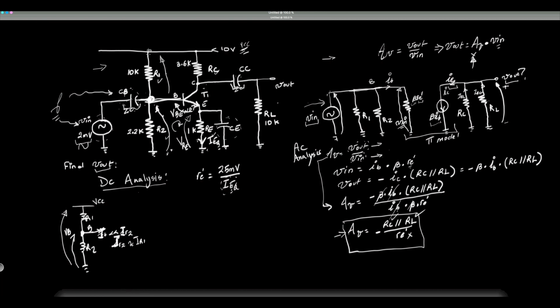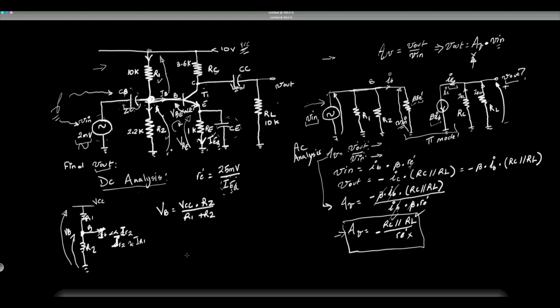So the current IB here is negligible compared to that current. Fine. Well, that tells us that VB is simply a voltage divider. So VB is going to be equal to VCC times R2 divided by R1 plus R2.